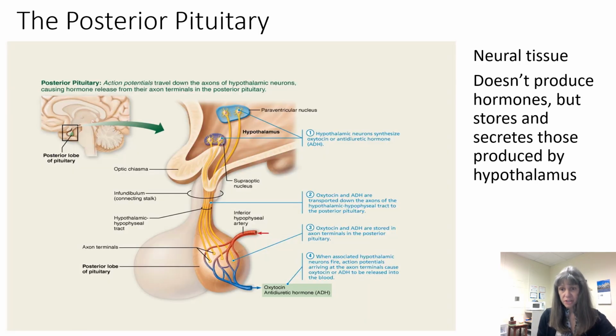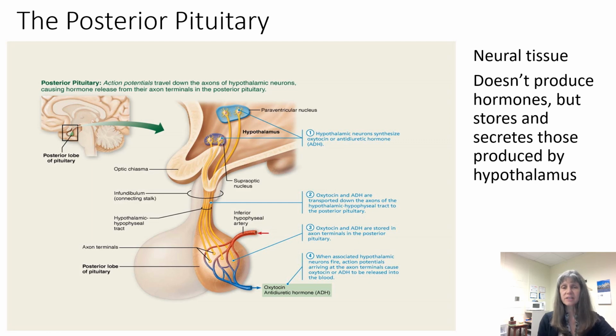The posterior portion of the pituitary gland, or posterior pituitary or neurohypophysis, is only made up of neural tissue. So it doesn't produce hormones, but rather it stores and secretes hormones that are produced by neurons in specific nuclei of the hypothalamus.